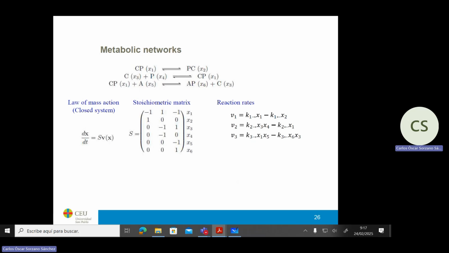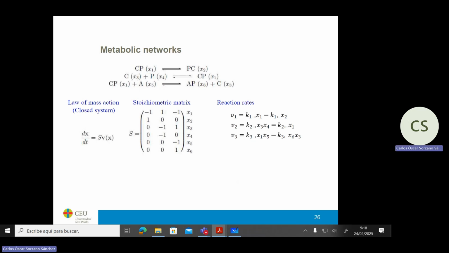So for a closed system, which means that there is no external input, the relationship between them will simply be related to the concentration of X and the velocities associated to those concentrations. So let's see in this example. We have 6 species, so we will have 6 rows in this matrix, and each one of these reactions will give you velocities.